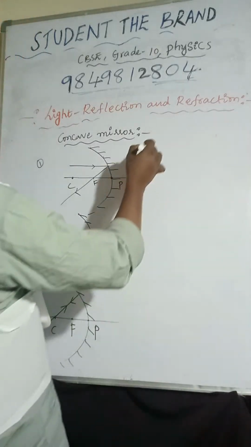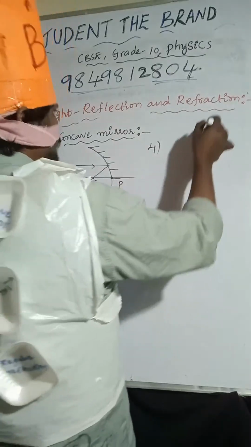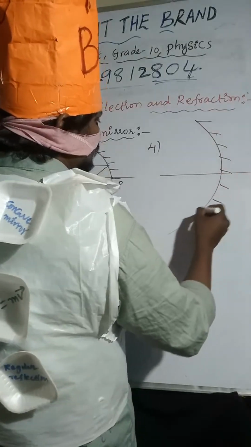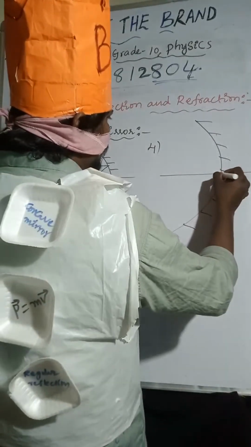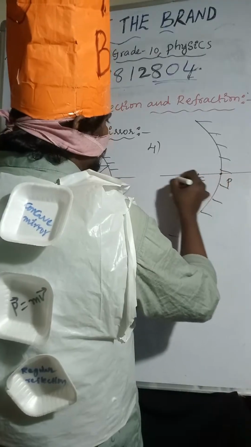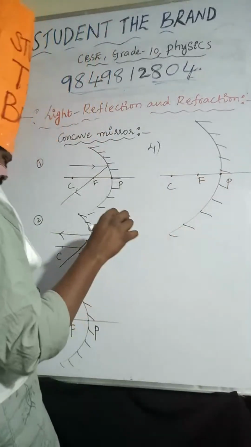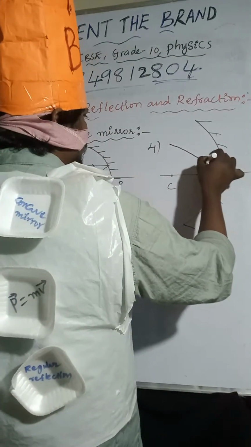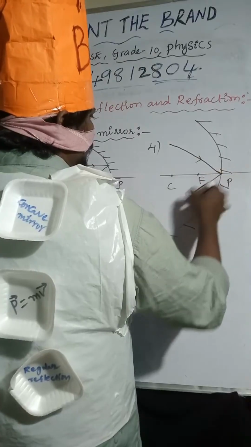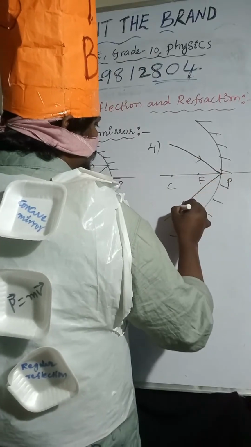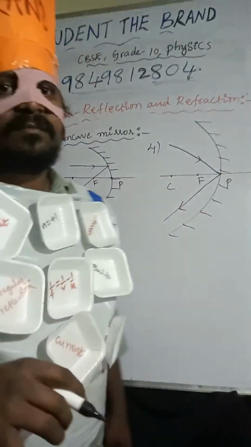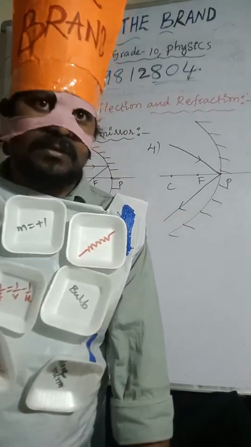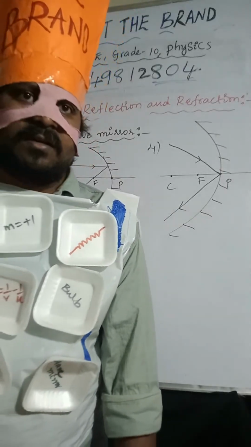And coming to the fourth one: a light ray incident at the pole will be reflected back. So these are the ray rules of the concave mirror.